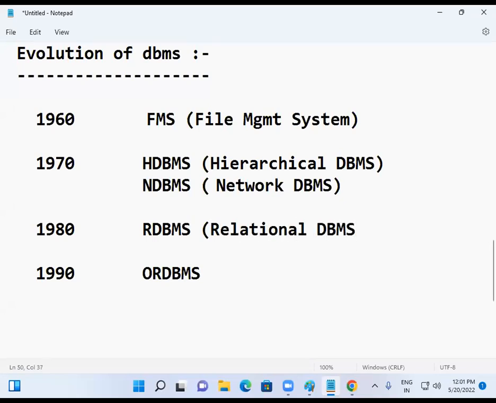Relational DBMS. What does ORDBMS stand for? Object Relational DBMS. So this is the step-by-step development of DBMS.